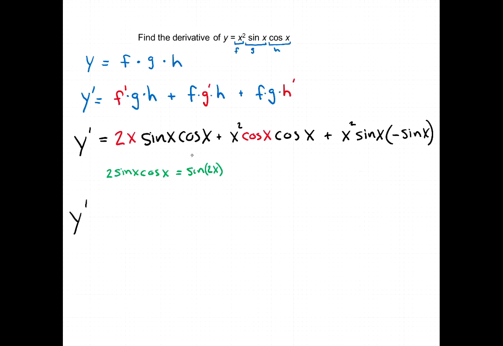So that first term condenses to, well, we'll leave the x alone, but the 2 and the sine x cosine x becomes the sine of 2x, so we'll have x times the sine of 2x. Next, looks like we've got x squared times the cosine squared of x, cosine times cosine. And then we'll have a minus x squared times the sine squared of x.